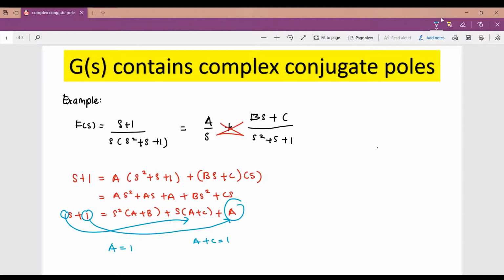So when A is 1, C is equal to 0. And then A plus B here is actually equal to 0, because there is no s squared element on the left side. A is equal to 1, plus B is equal to 0, so that B is equal to negative 1.